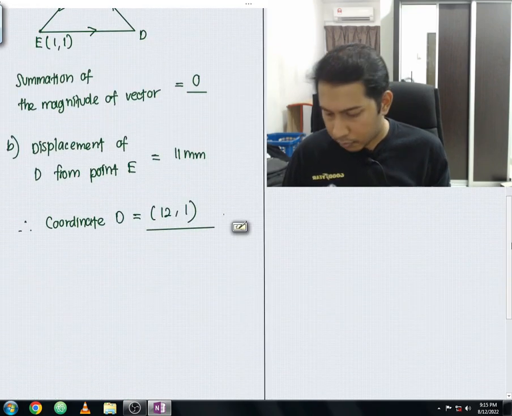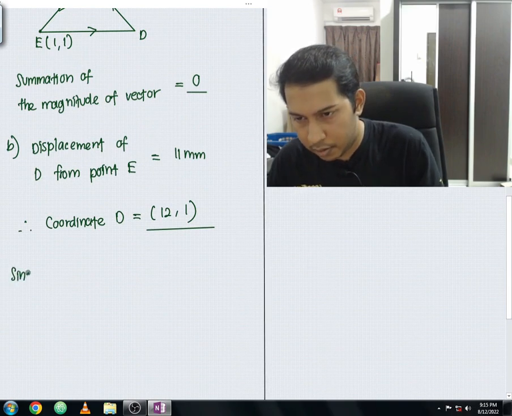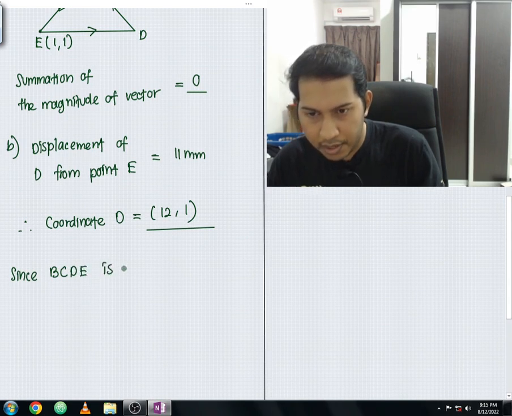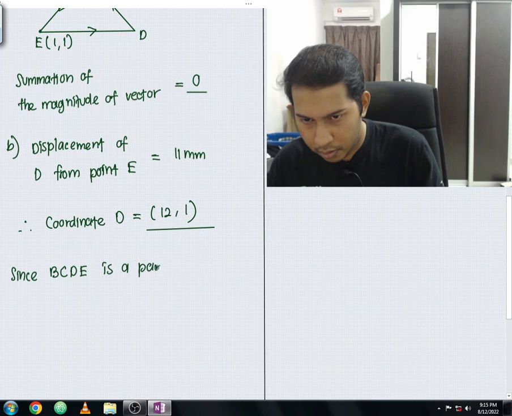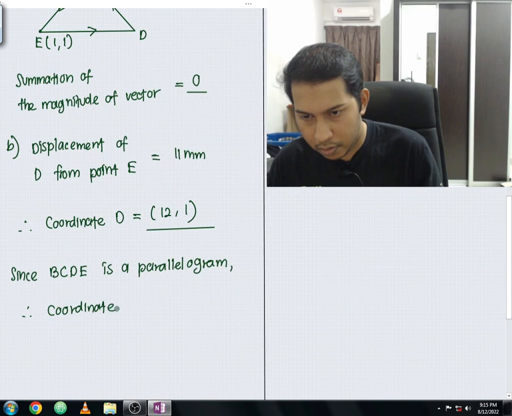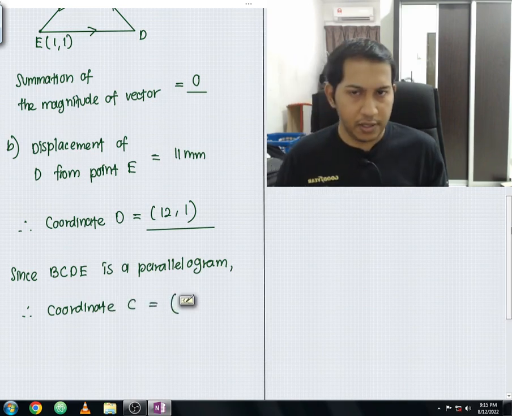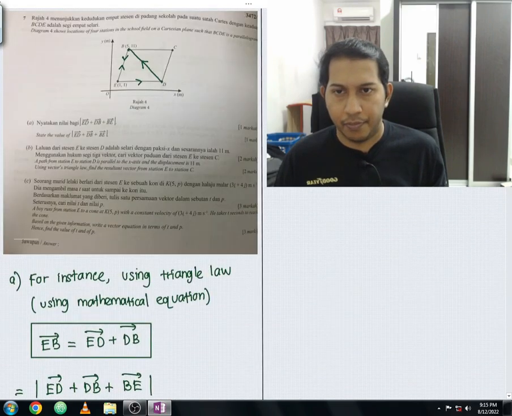So from here, let me write the explanation. Since BCDE is a parallelogram, so from here your coordinate C is equal to, same concept, guys, you just add the x coordinate value.